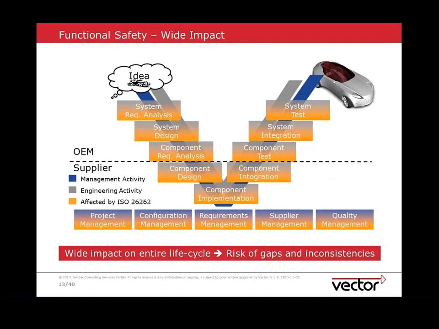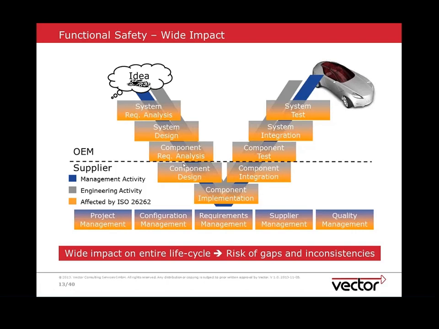The impact is rather wide in the entire life cycle, specifically the interfaces from the OEM to the supplier, which means that with all these different steps, there is a risk of gaps, of inconsistencies that have to be avoided or mitigated. Again, this is about consistent implementation of the standard, specifically where there are interfaces from one to another party.